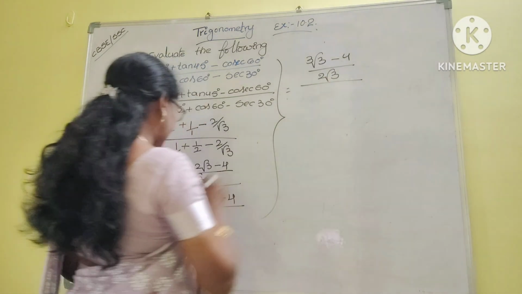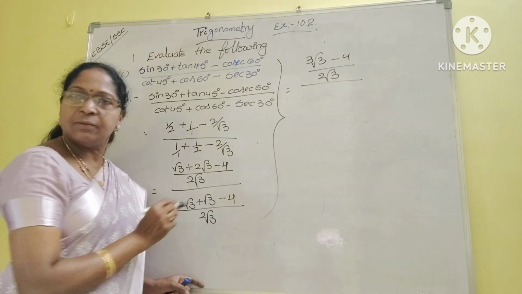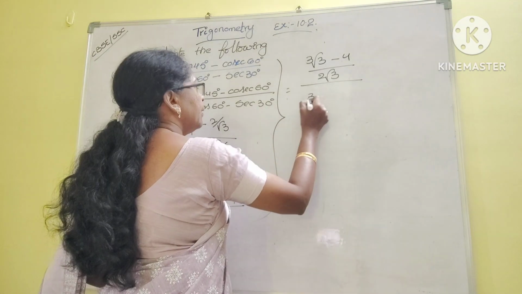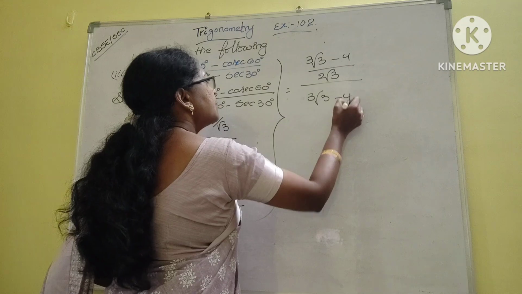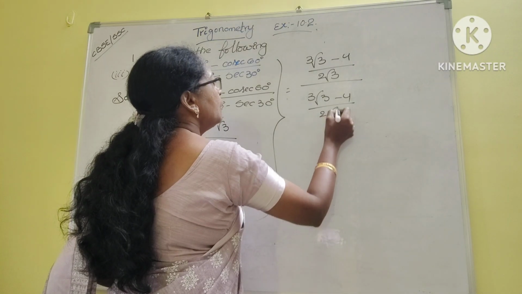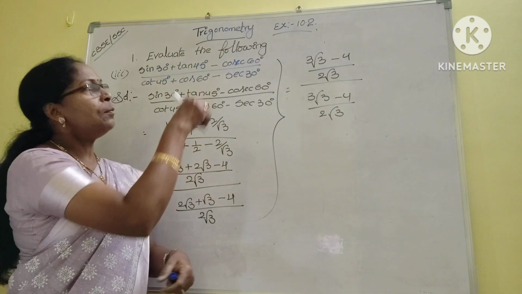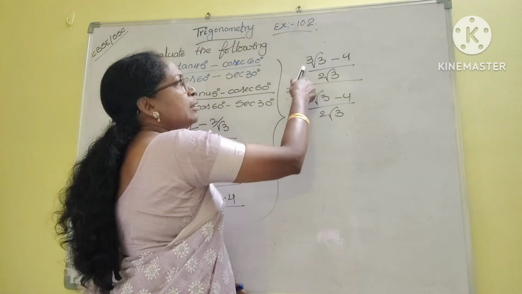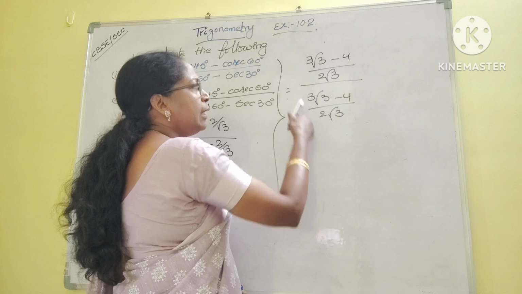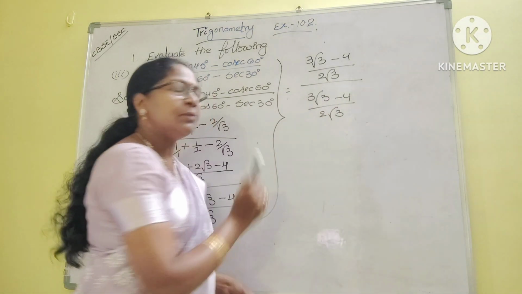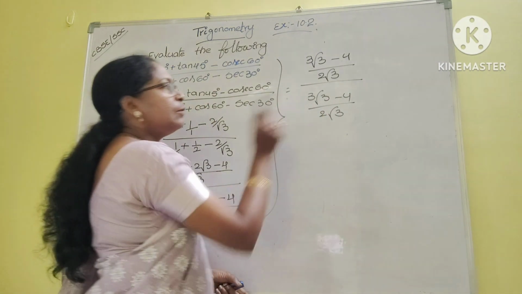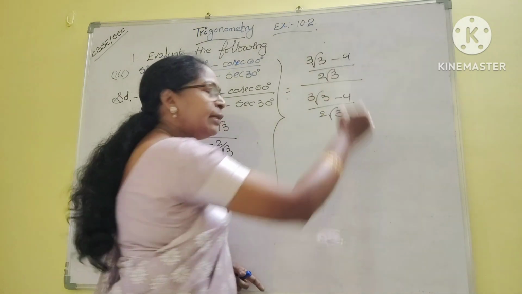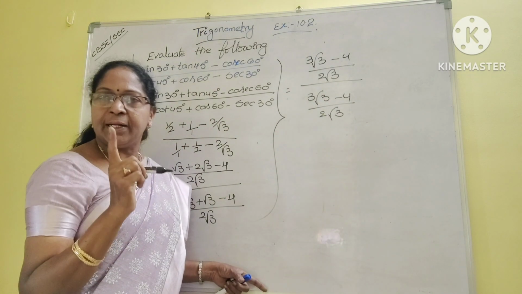Again, whole divided by here: 2 root 3 plus root 3 is 3 root 3 minus 4, divided by 2 root 3. In the numerator and denominator, the same terms are there. If you observe like this, 3 root 3 minus 4 by 2 root 3, again whole divided by 3 root 3 minus 4 divided by 2 root 3, the denominators directly cancel and you will get 1.